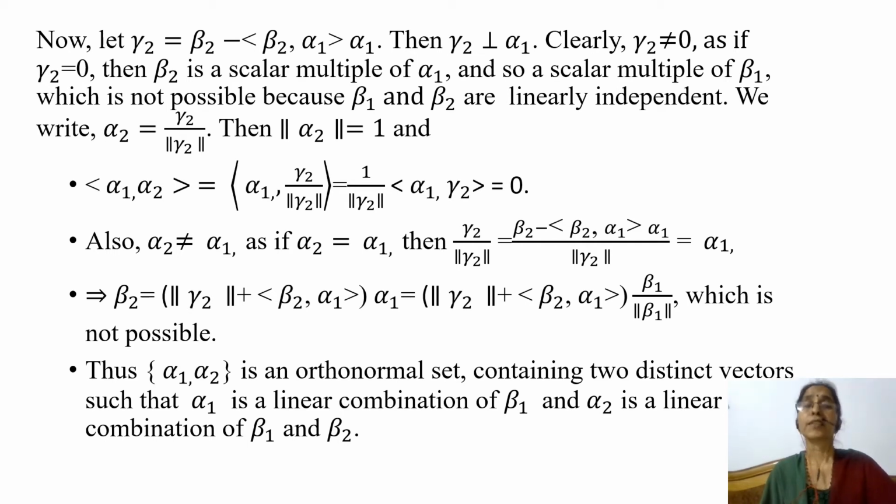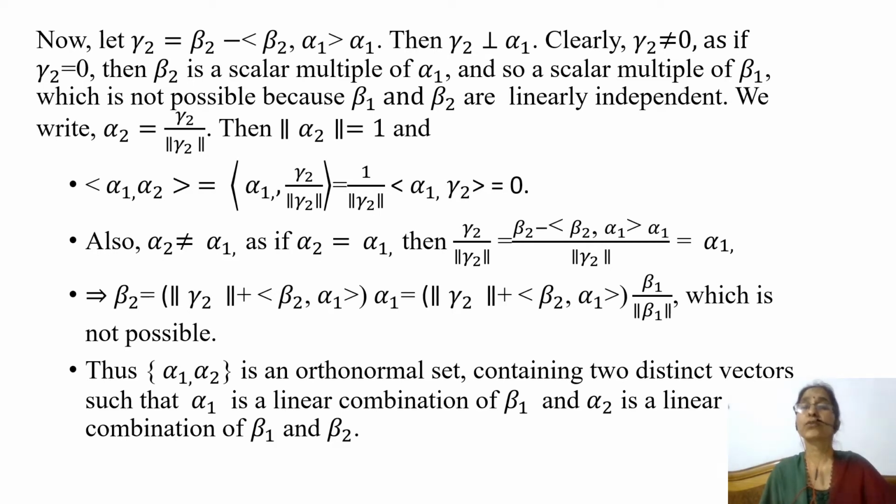Now we write alpha 2 equal to gamma 2 divided by the norm of gamma 2. Then clearly the norm of alpha 2 is equal to 1. And we see that the inner product of alpha 1 and alpha 2 is equal to the inner product of alpha 1 and gamma 2 divided by the norm of gamma 2.